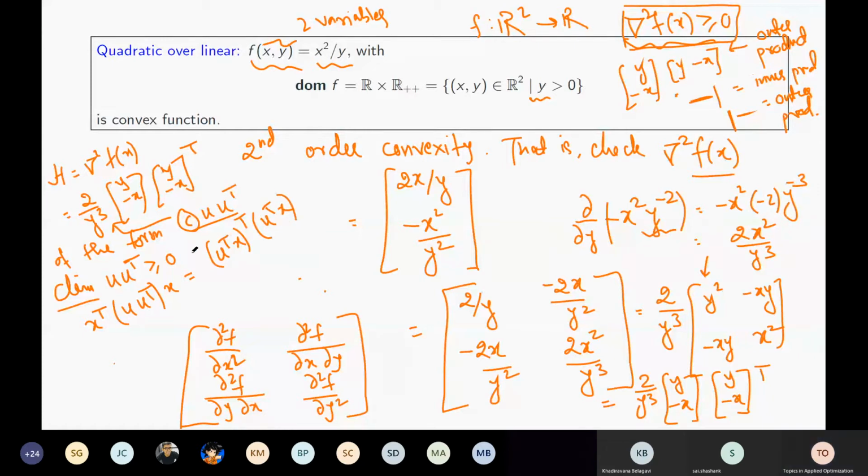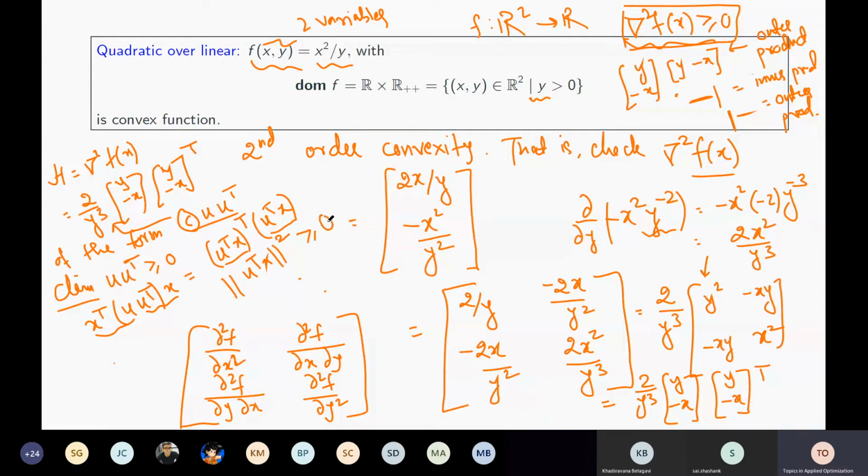So this u transpose x will be x transpose u, and the u will get the first part because this is associative. Then you have this u transpose x, so this is the norm of u transpose x, norm squared.